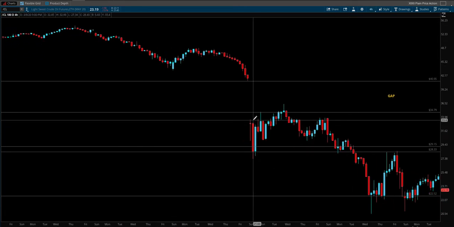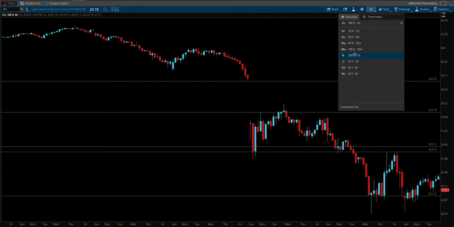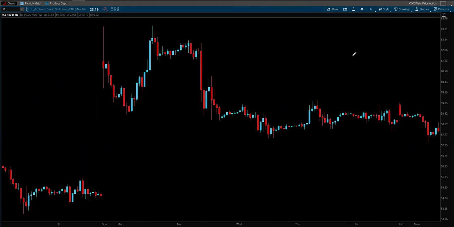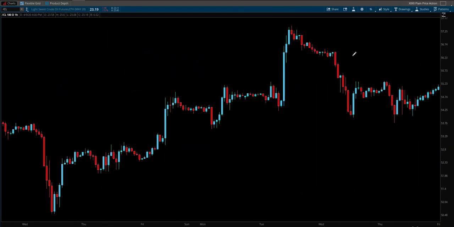Yeah, see, it's down here. So this really is on the 4 hour. The gap doesn't close until about the 33.60 area. And I bet if I went down to the 1 hour, maybe even lower. If I can find it, hang on.